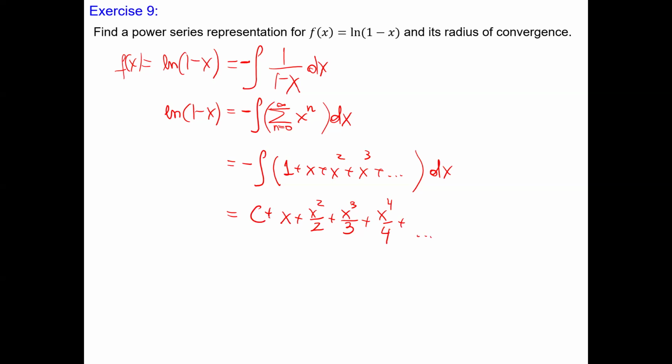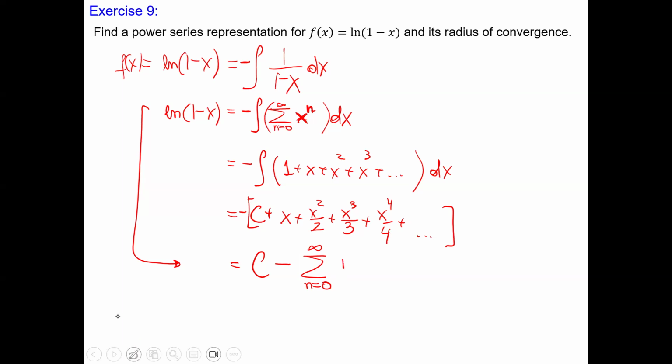This is actually the power series. We still have that negative, which means each term will be negative. Or I can use the sigma notation right away: a constant minus the summation. We're not losing any terms, we're even gaining one. We still start from 0, and the integral of x to the power of n is x to the power of n plus 1 all over n plus 1.